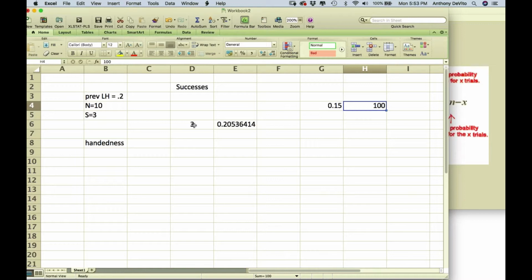So let's go back to this. The probability of getting 3 out of 10 people that are left-handed is a little over 20%. Well, what about the probability of getting 4 out of 10?